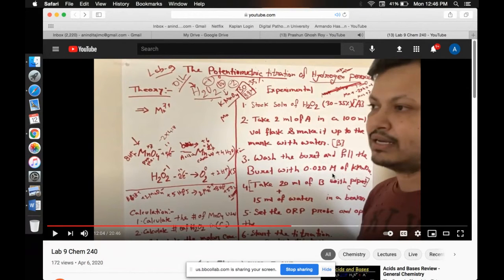So you will fill that KMnO4 into the burette. Clear? Since it is purple, it is a colorful substance. As we discussed in our previous lab, if it is a colorful substance, you have to watch the upper meniscus.